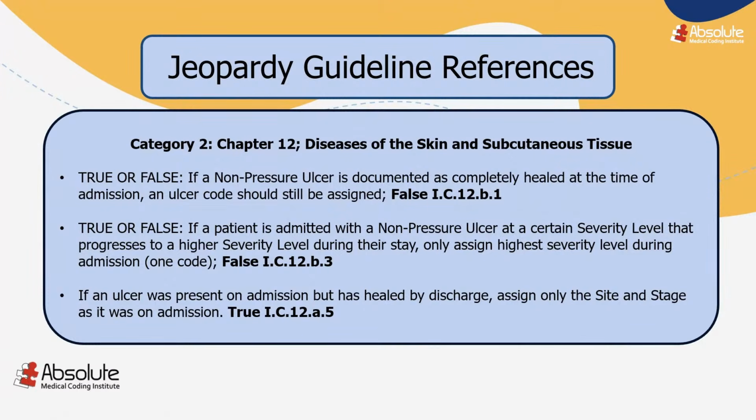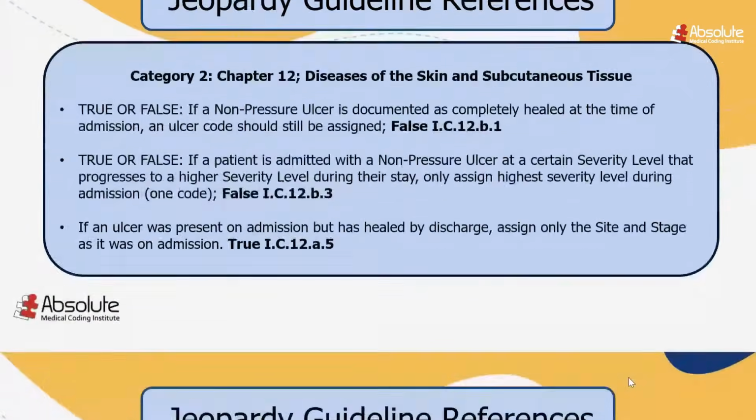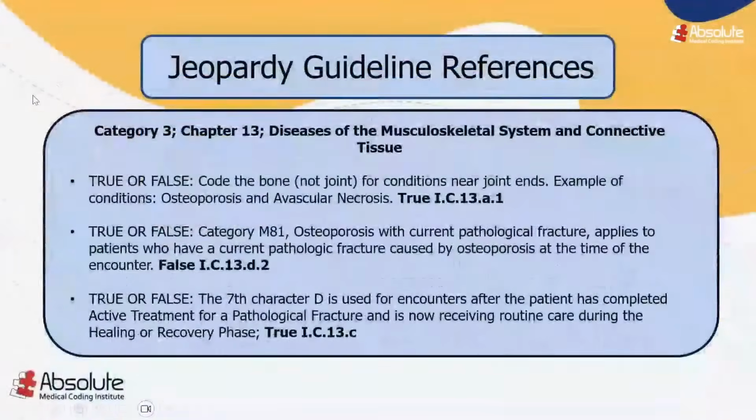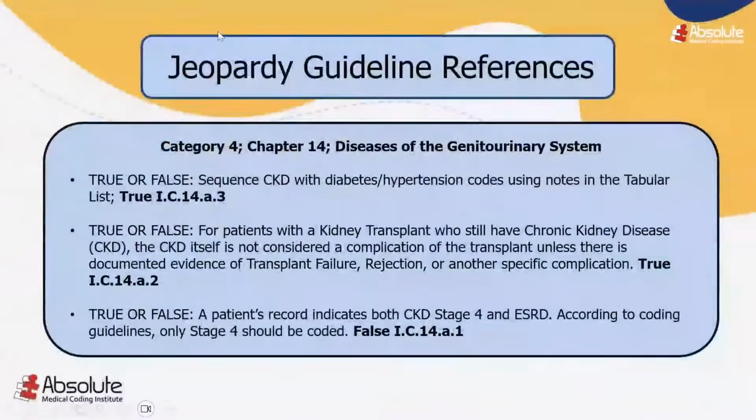Again, question, answer, and the guideline reference. This is from Category 3, Chapter 13, Diseases of the Musculoskeletal System and Connective Tissue. And last but not least, this is from our Category 4, or Chapter 14, Diseases of the Genitourinary System. So again, if you have any questions, you can always look back at these.